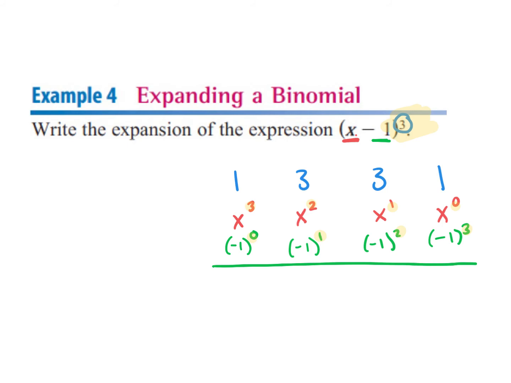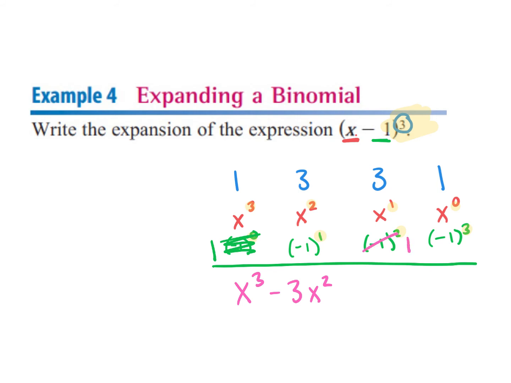What is negative 1 to the power of 0? 1. So it's 1 times x cubed times 1, x cubed. What is negative 1 to the first power? So it's negative 1 times x squared times 3, negative 3x squared. What is negative 1 to the second power? Positive 1.